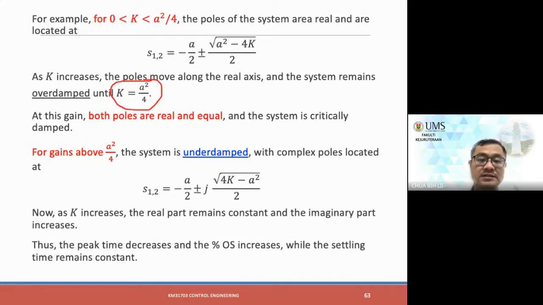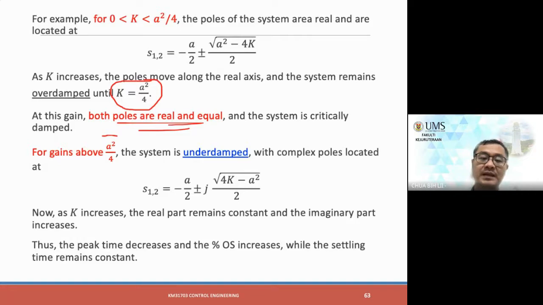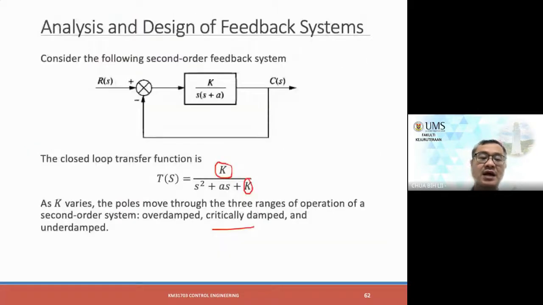You can set K equal to this and you would be able to get something like this, the real and imaginary parts. Probably this one we will cover in more detail in the later stage of the design. For now you can just roughly read through it.